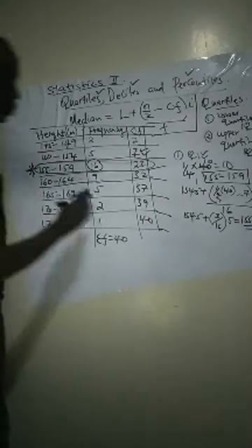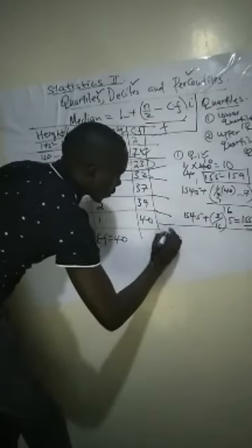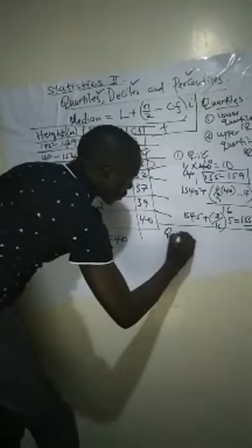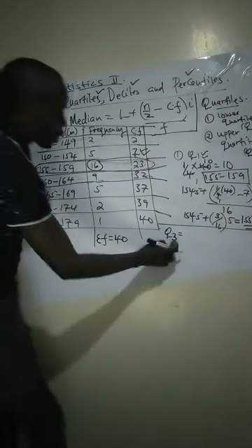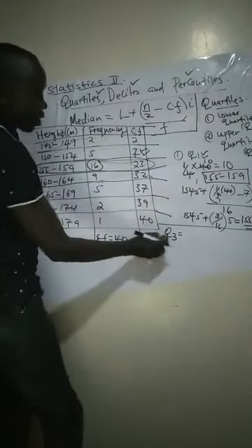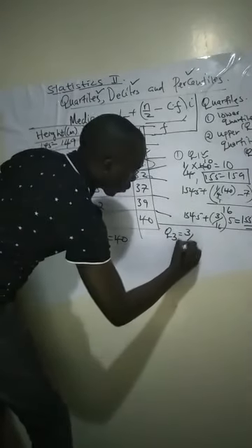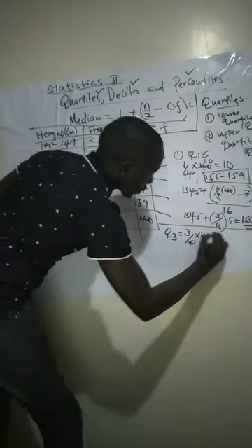I do not intend to erase that so that we are able to compare the two. So let me capture Q3 here. In Q1 we've done a quarter of the total frequency, 1 over 4. In Q3 we take 3 over 4, three quarters, 3 over 4 times 40.